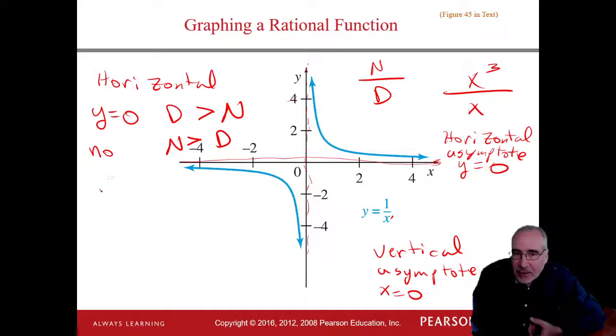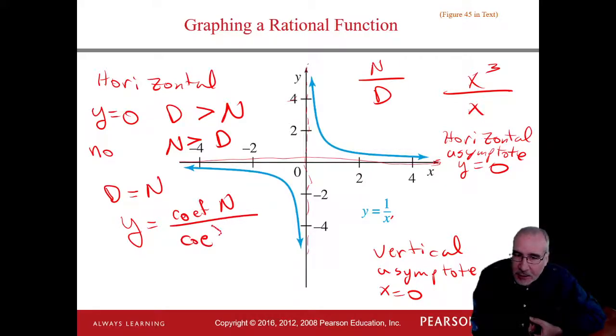And then there's a third case where the degree of the denominator equals the degree of the numerator, and then the horizontal asymptote is going to be y equal to the ratio of the leading coefficients, the coefficient of n over the coefficient of d.